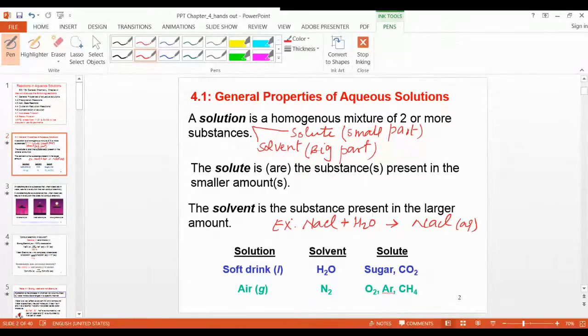Temporarily it will dissolve into water, so you will get only one layer. You will not get two layers. Two layers you will only get when it does not dissolve. So generally the reaction is always carried out, and we write the subscript AQ. AQ means this NaCl is dissolved in water, aqueous.